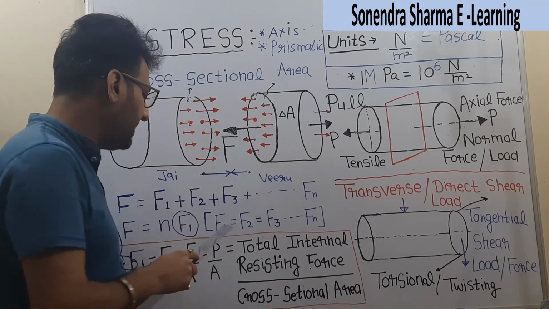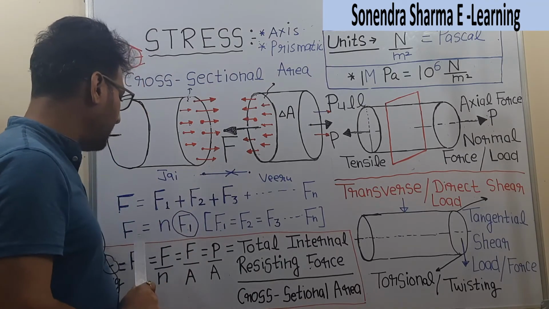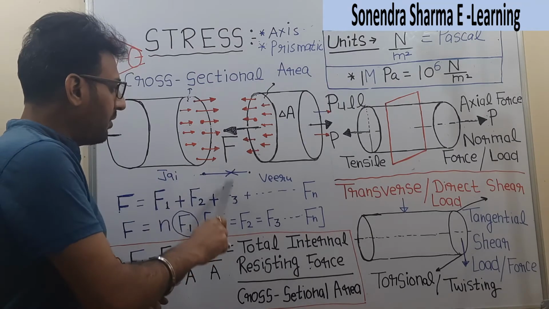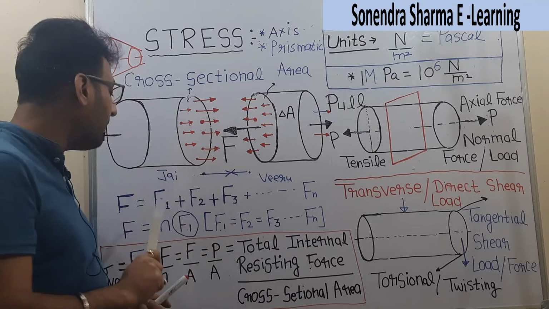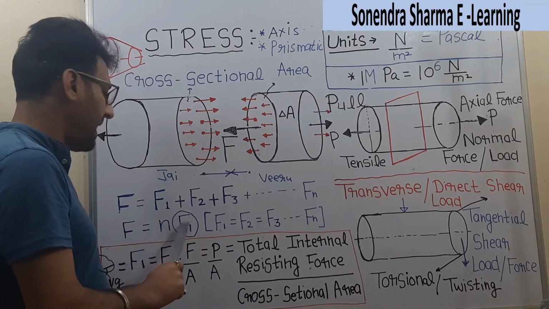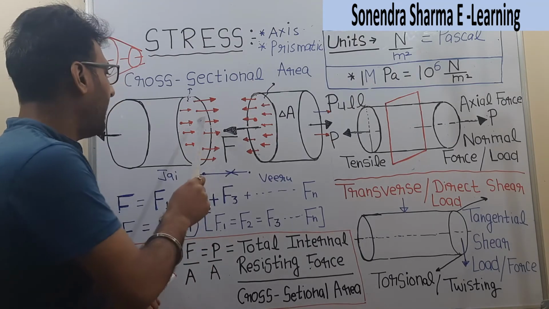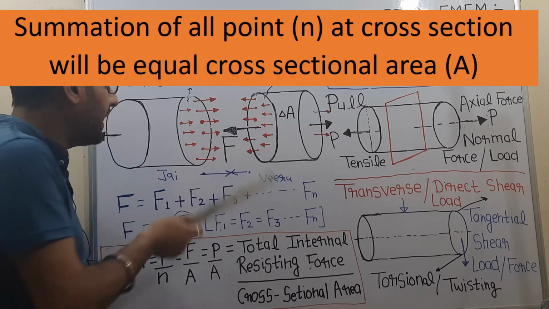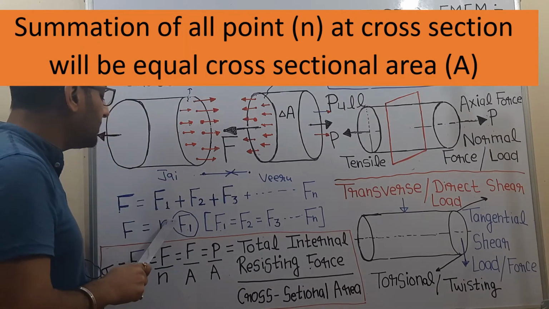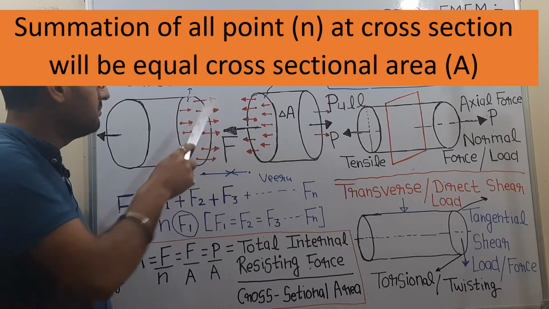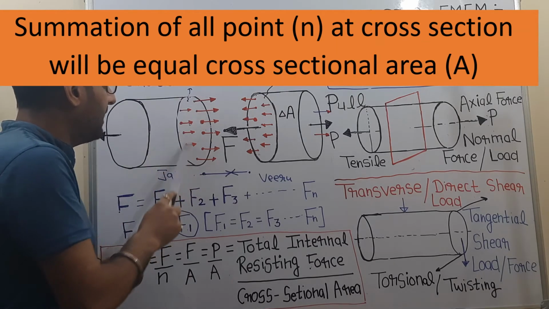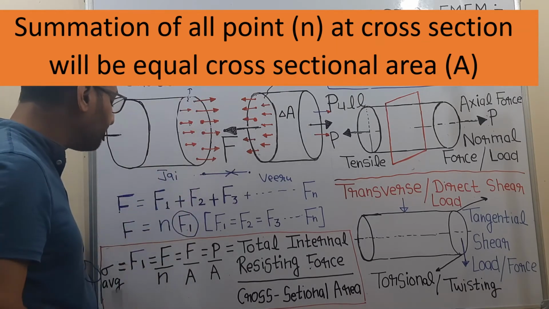Now if these are equal, then we can write that the summation of all these forces will be equal to N F1. N is the number of points or the particles at this cross section, and when all points are added, it will be equal to the area.